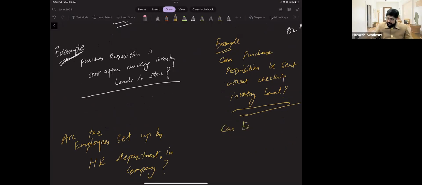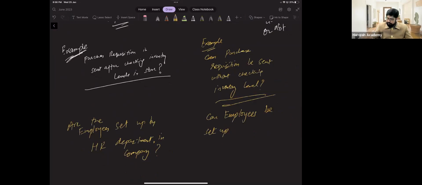Can employees be set up without the HR department in the company? Now you see here. They say, yes, employees are set up by HR, but still there is some chance they can be set up without them. Oh my God. This control is there, but still there is some room. Objective not being achieved.